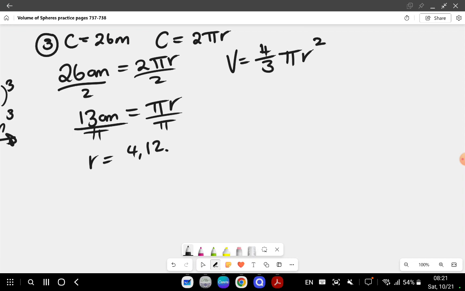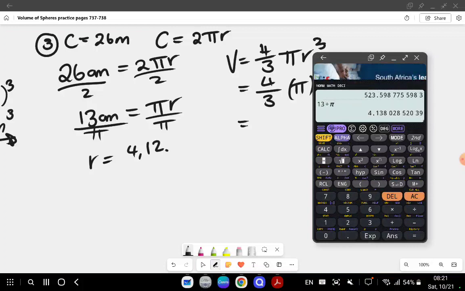Now that I have r, volume is equal to 4 over 3 pi r cubed. 4 over 3 pi 4.12 cubed. Let's go, yep, 4 over 3 pi times r.